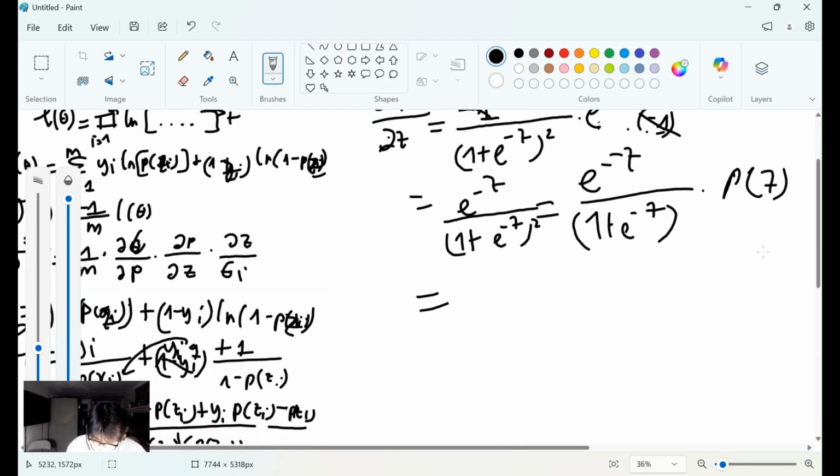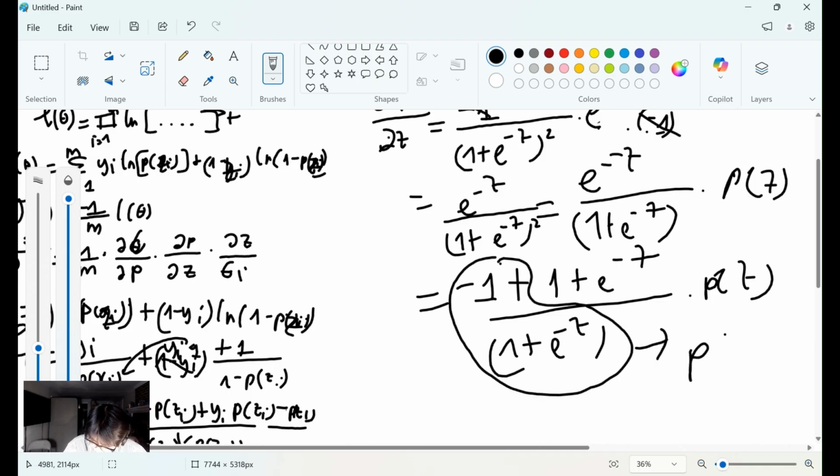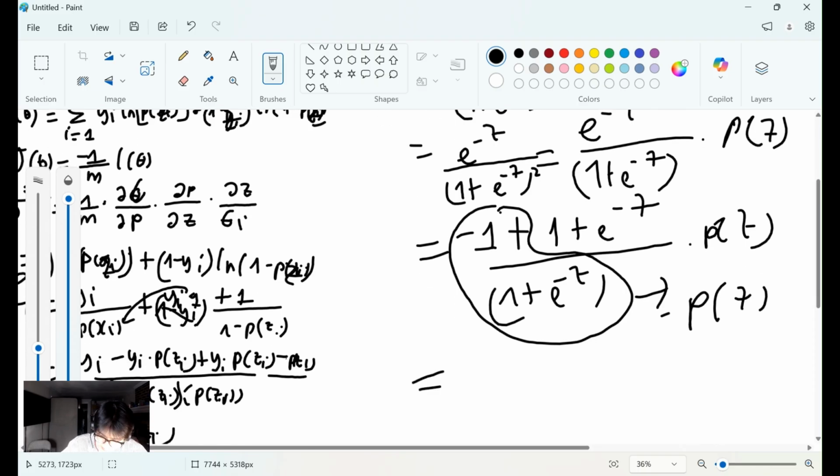And this is (minus 1 plus 1 plus e to the power of minus z) over (1 plus e to the power of minus z), multiplied by p(z). And this is actually minus p(z), right? Okay, minus p(z), it makes sense. So it's actually p(z) multiplied by 1 minus p(z).